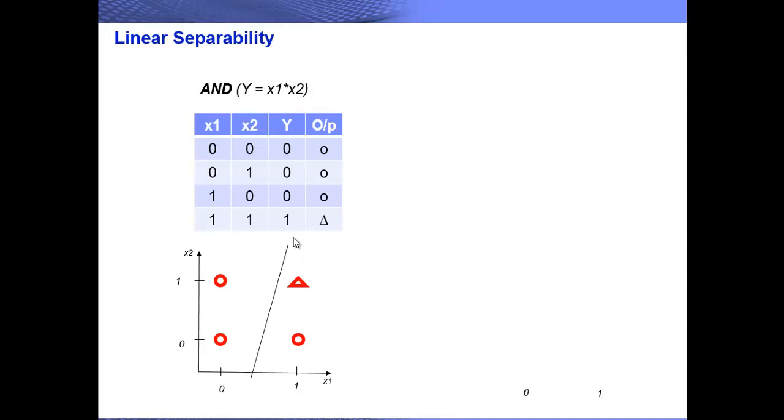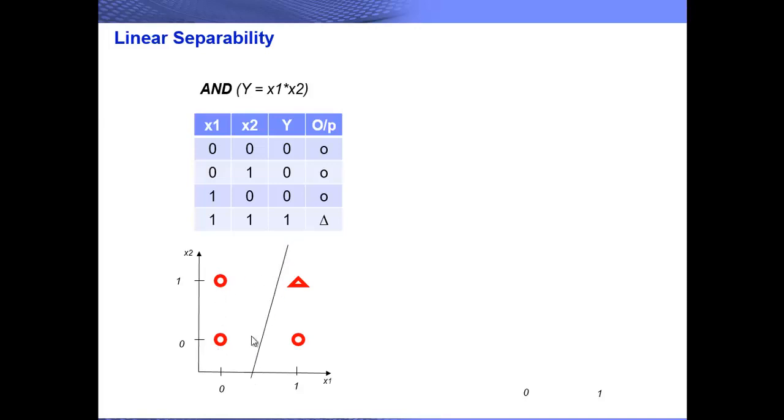Now let me draw one random line and try to separate the circles from the triangle. Separating the circles from the triangles is nothing but finding a line of which one side will have one class and the other side will have the other class.